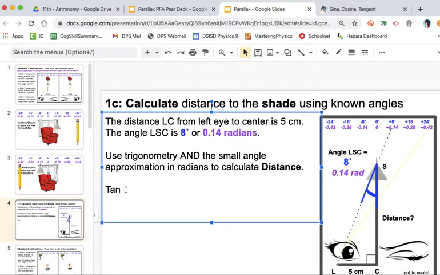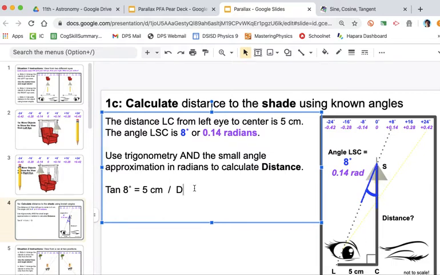So tangent of 8 degrees equals 5 centimeters, the opposite side, divided by this distance, which I'm going to call d. Basically, we're trying to figure out how far it is from our eyes to the lamp.